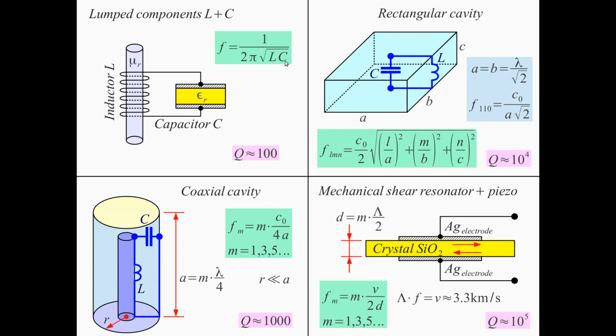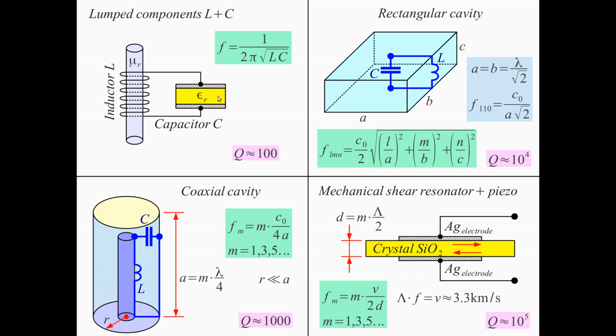The resonant frequency is simply 1 over the square root of LC for the angular frequency. If I want conventional frequencies, I have to divide everything by 2 pi. The quality such a tuned circuit can achieve is around 100, mainly because of the resistance of the wire making up the inductor. Capacitor losses are usually smaller.